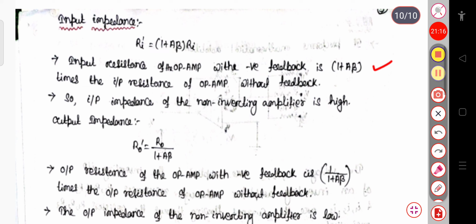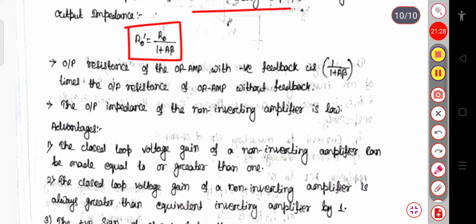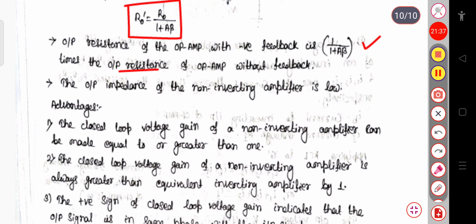So the input impedance of the non-inverting amplifier is high. If I calculate the output impedance, this is simply Ro prime equal to Ro divided by 1 plus A beta, and the output resistance of the op amp with negative feedback is 1 by 1 plus A beta times the output resistance of the op amp without feedback.